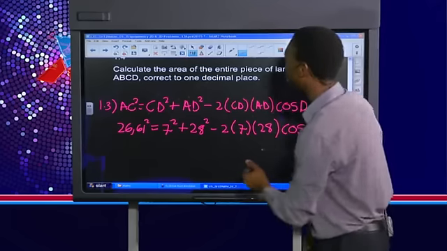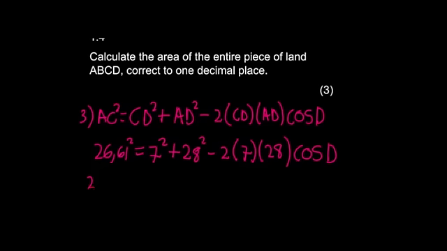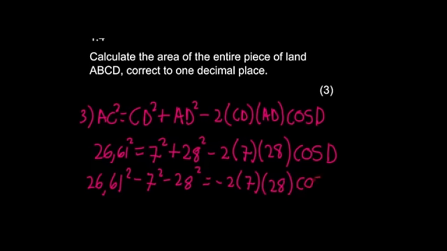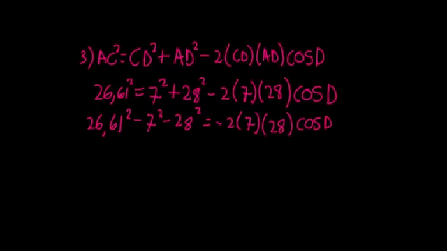If I take these two over to the other side, it means that 26.61 squared minus 7 squared minus 28 squared is equal to negative 2 multiplied by what we've got on the right-hand side, multiplied by cos D. We're getting this slowly but surely.